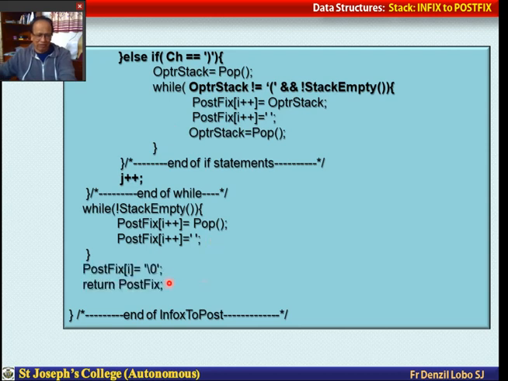And at the end you add a null character, because you went on inserting the operators and operands into the postfix. Now you have come to the end, therefore it is essential that you insert a null character at the end of the postfix expression and return postfix. That means it returns the starting address of the postfix expression. This completes the whole function of converting an infix notation into the postfix notation.